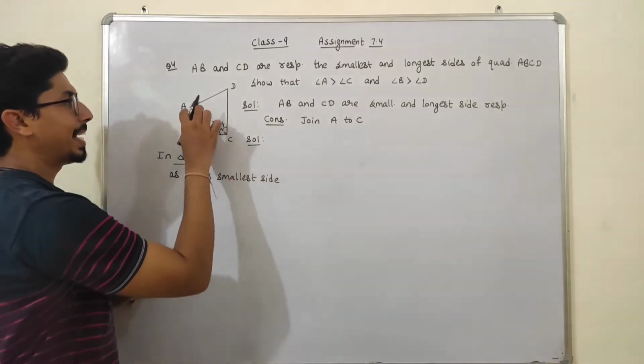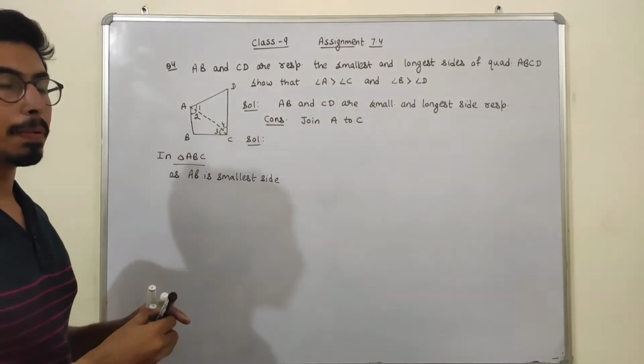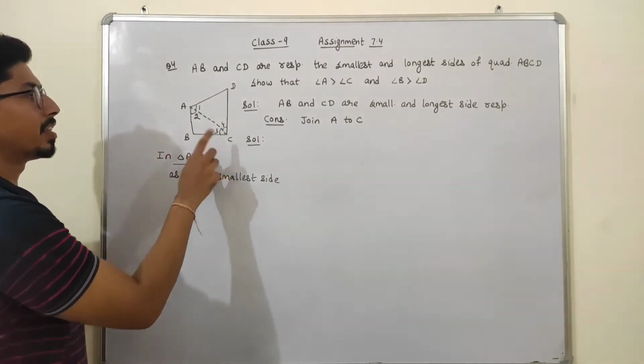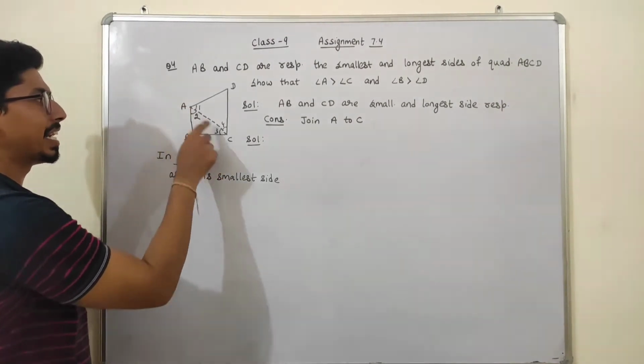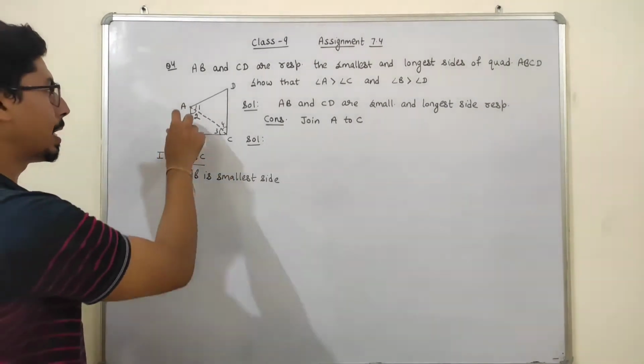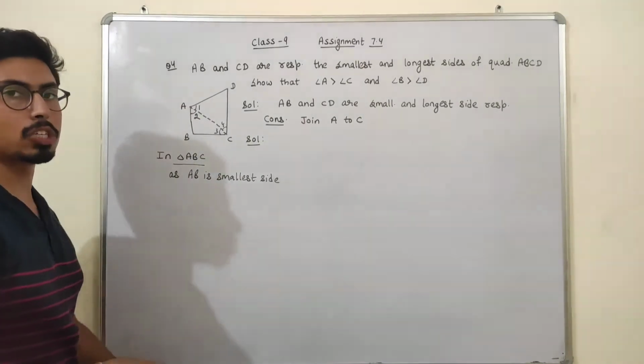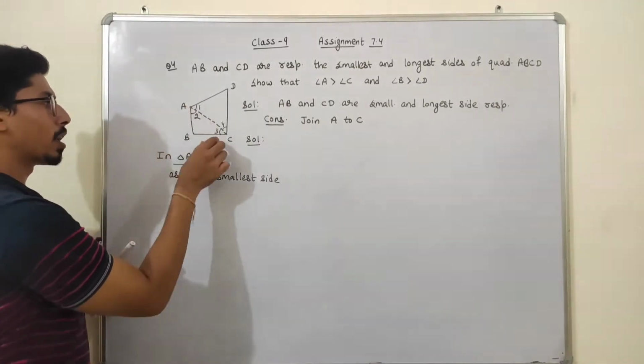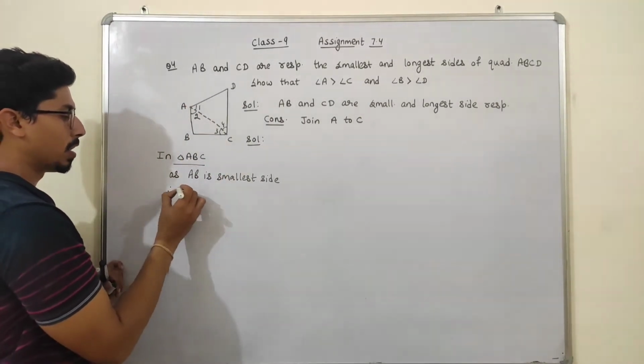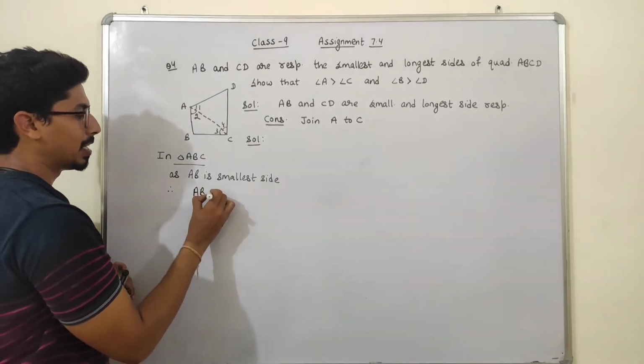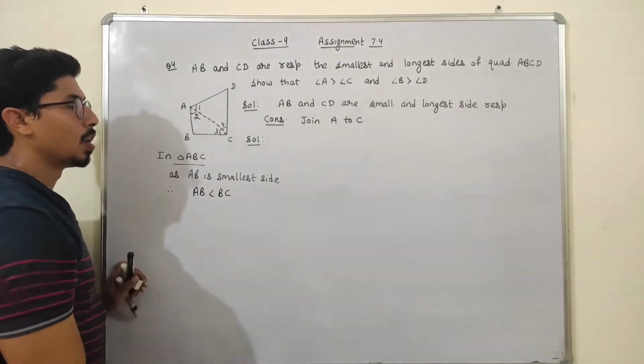So I can say that AB is less than BC, because in triangle ABC there are three sides, AB, BC and AC, and I am talking about AB and BC. As AB is the smallest side, AB is smaller than BC.